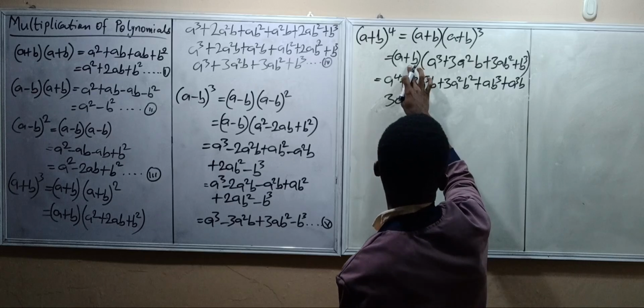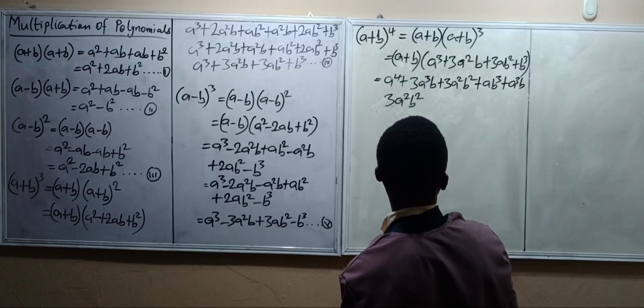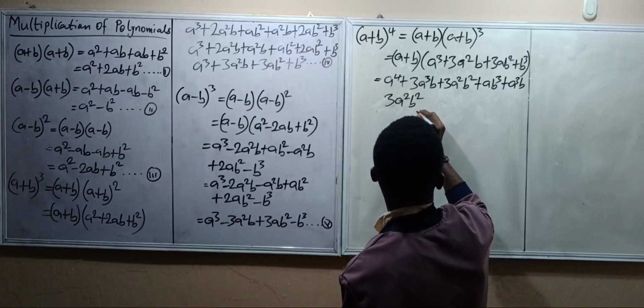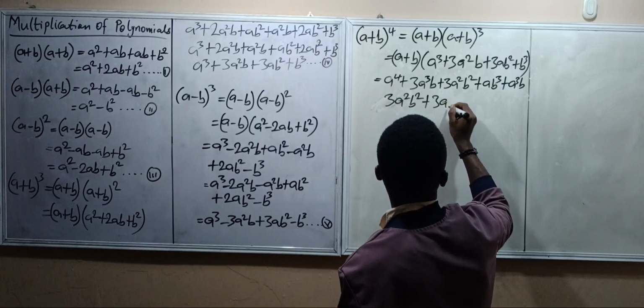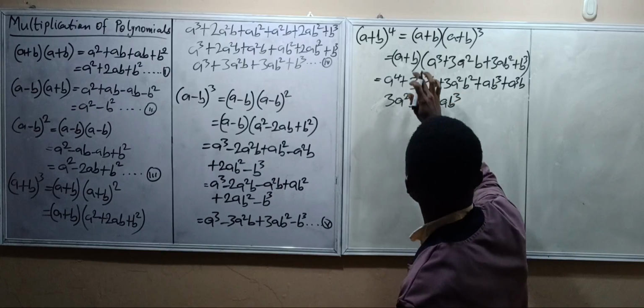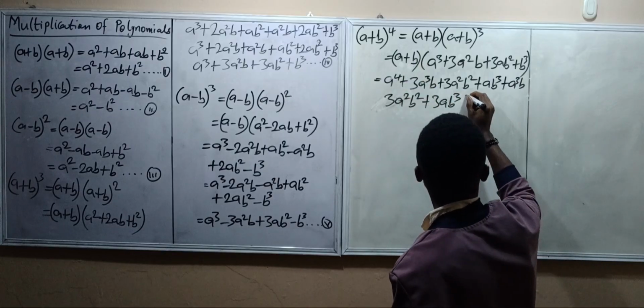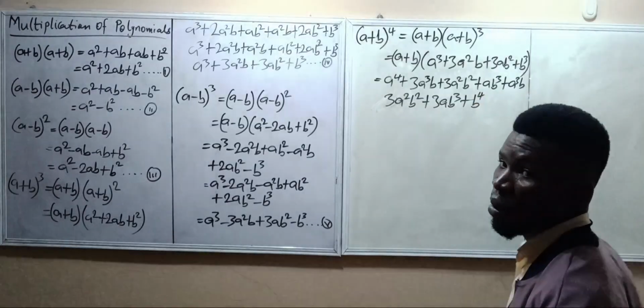Now that same b times 3ab² will give us plus 3ab³. And now that b times b³, that is plus b⁴.